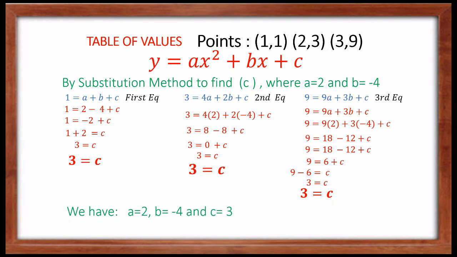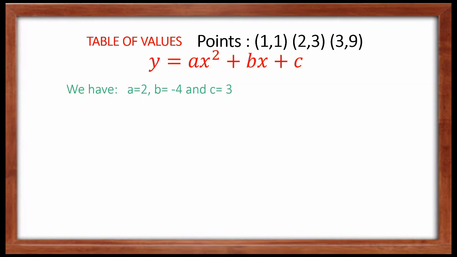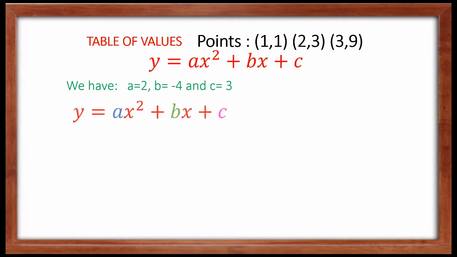Meron na ngayon tayong value. We have a equals 2, b equals negative 4, and c equals 3. Okay, now, since we have the value of a, b, and c, we can conclude now that we can rearrange our general form. Y equals ax squared plus bx plus c.